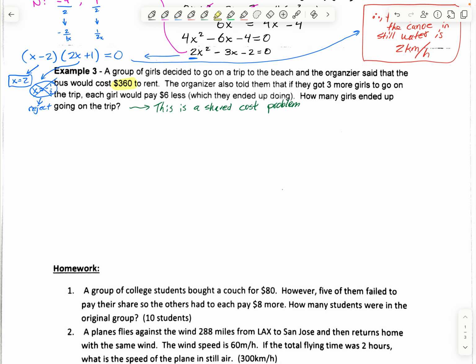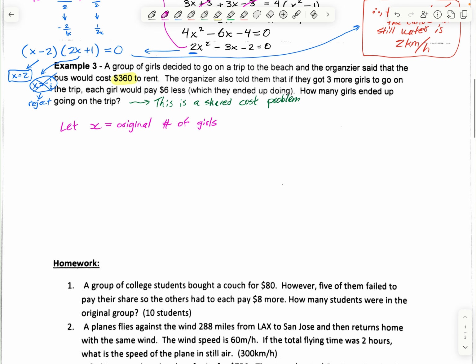Okay, so now let's define our variable. Here we can say let x equal the original number of girls that we're planning to go. So for the original cost per girl, I'm going to organize my information using bullet points as opposed to a table, just showing you the different ways that you can organize it, right?